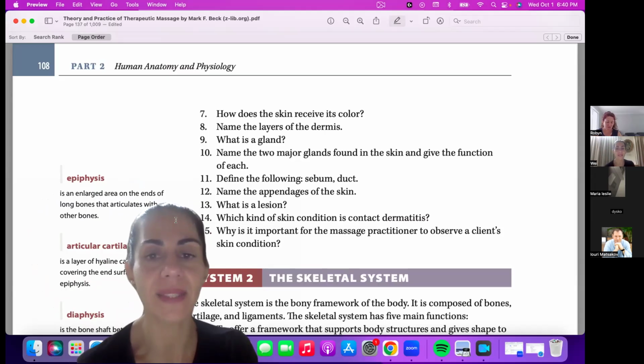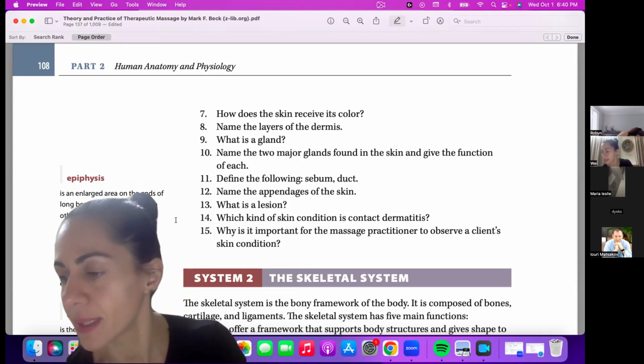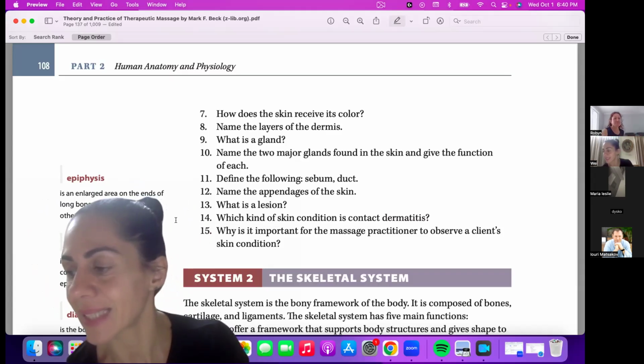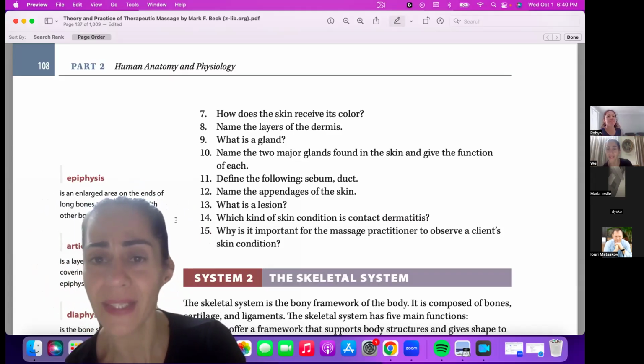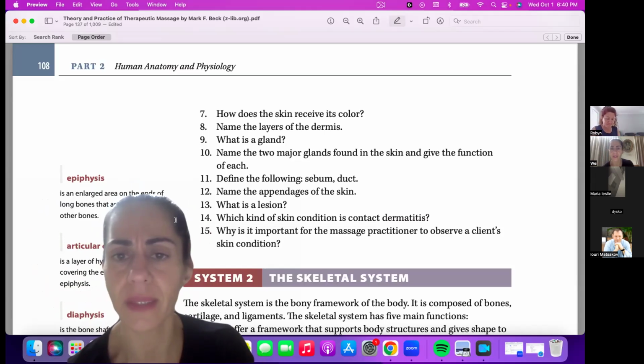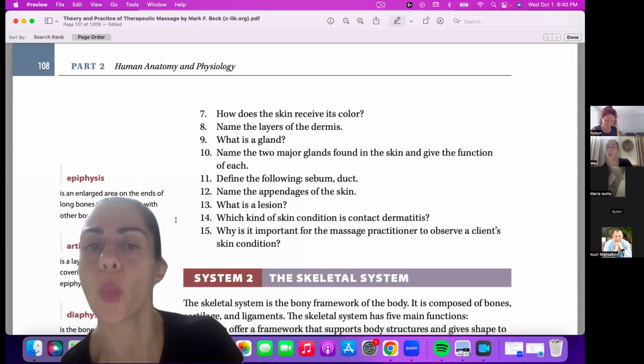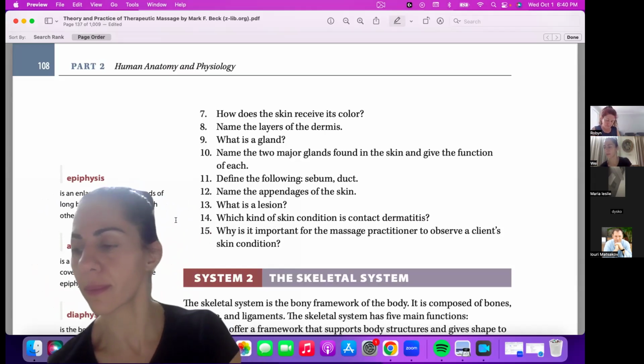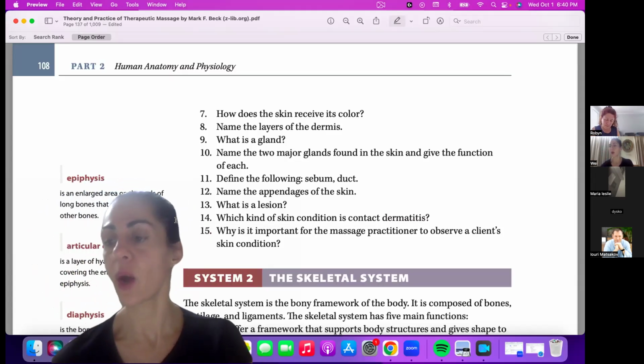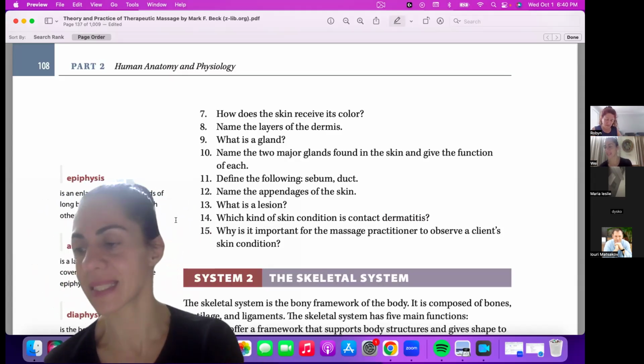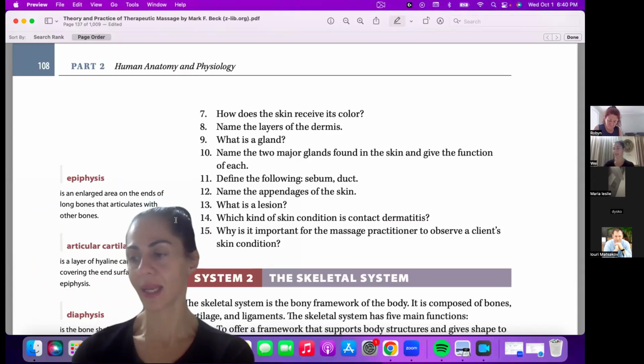Okay, 11. Define the following: sebum and duct. I will answer duct because I forgot to talk about it. But what is sebum? That's the oil, an oily substance that comes from the glands.